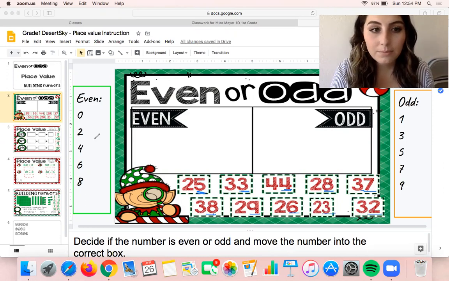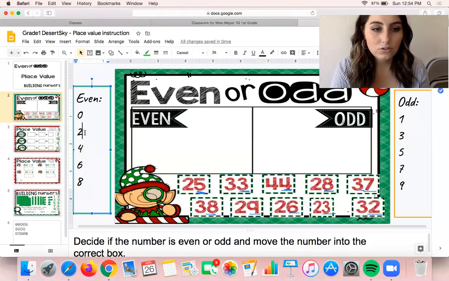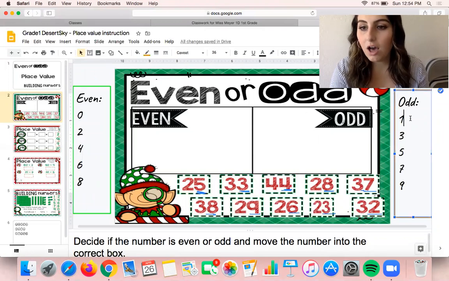Remember, our numbers that are even end in 0, 2, 4, 6, or 8. Our numbers that are odd end in 1, 3, 5, 7, or 9.